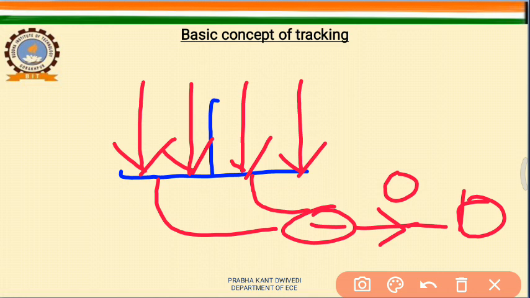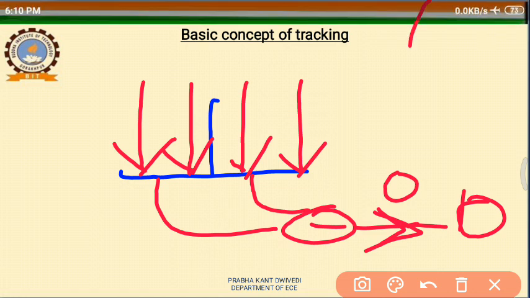In the system discussed earlier, a feedback is given to the system, while in the second case we do not require any feedback system to track the sun, but it requires some mathematical calculations. This is all about the basic principle of the solar cell, and also some basic concepts of solar tracking. Thank you.